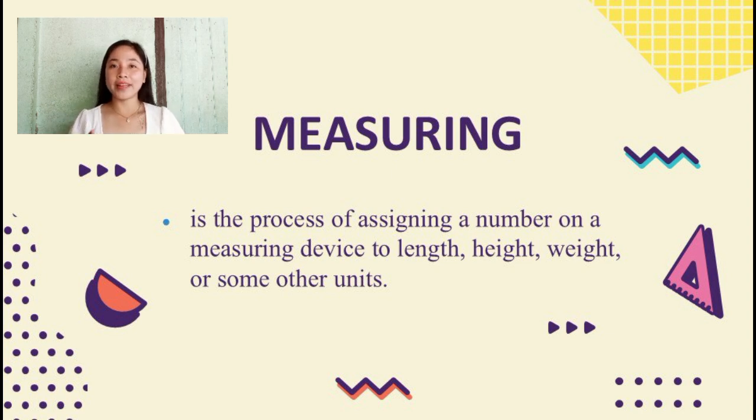It also provides accuracy, consistency, and clarity in various aspects of life, right? Measurement allows us to quantify and compare objects, distances, weights, times, and other attributes in a way that is objective and reliable. Did you get it, class?